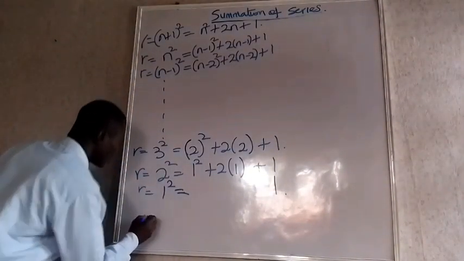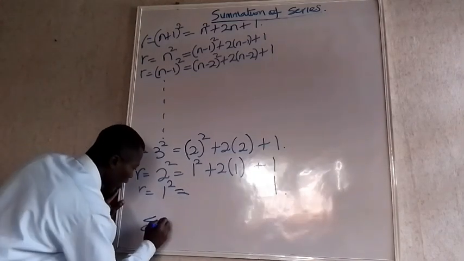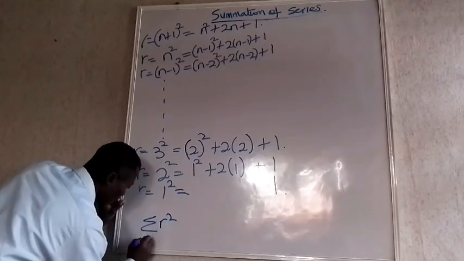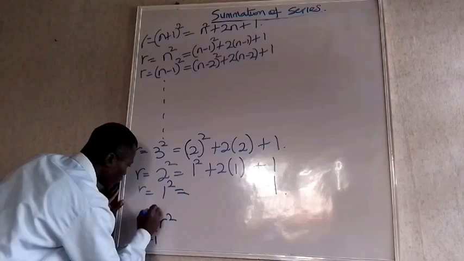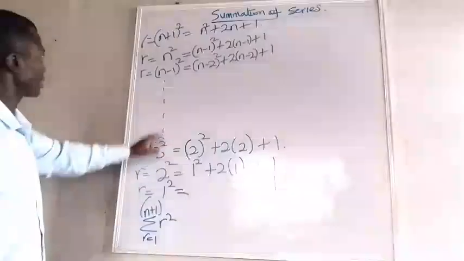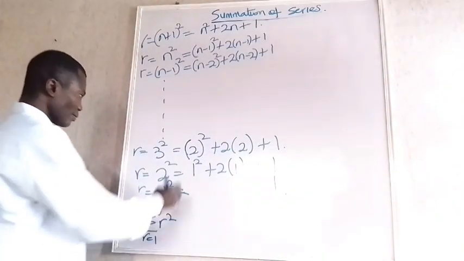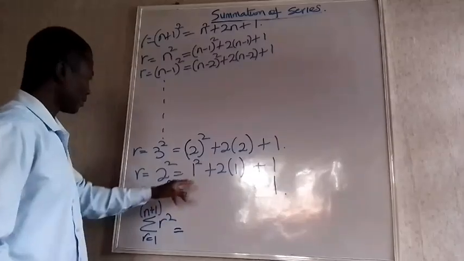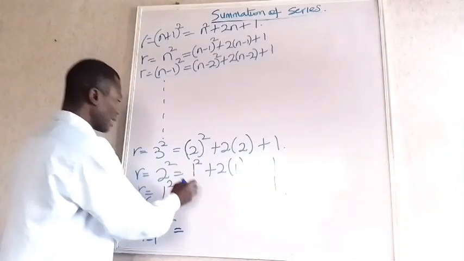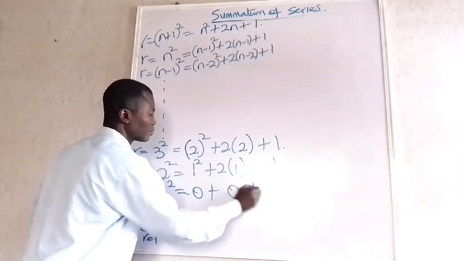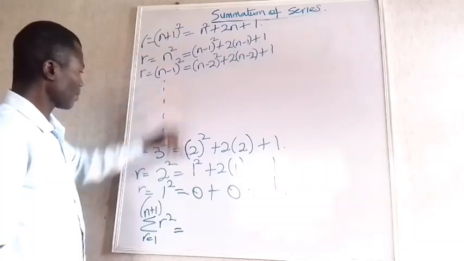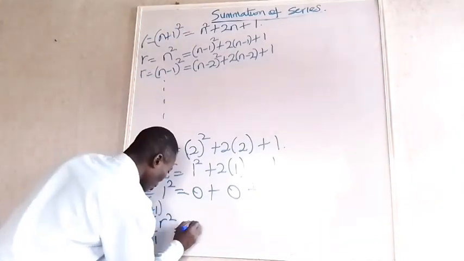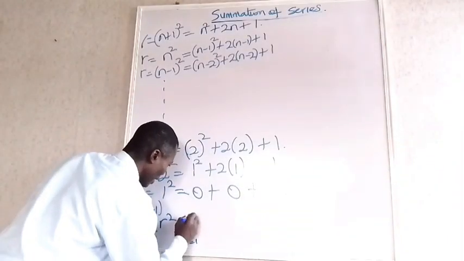Now, by the time you look at this, this one is going to be summation r squared from r equals 1 to n plus 1. You can see 1, 2, 3 to n plus 1. And that's going to be, if you look at this, from here, we have 1. Please take note, we are starting from here, 1 to n squared. So summation r squared from r equals 1 to n.